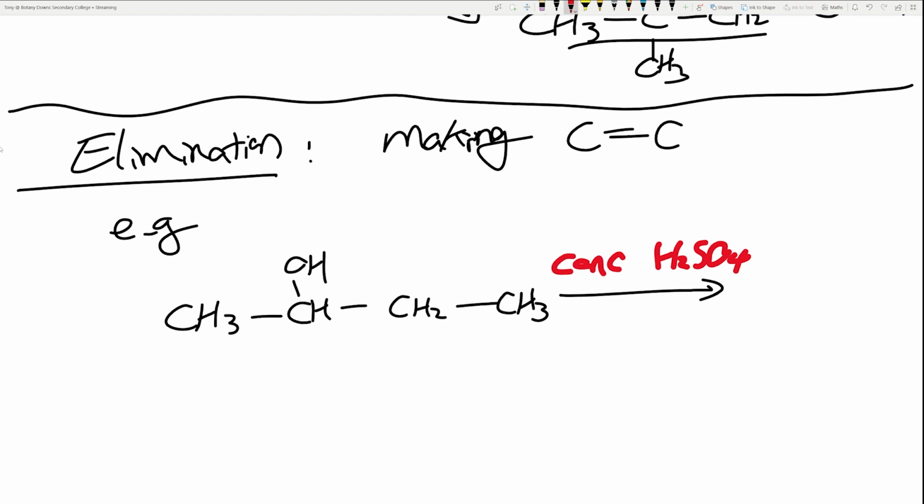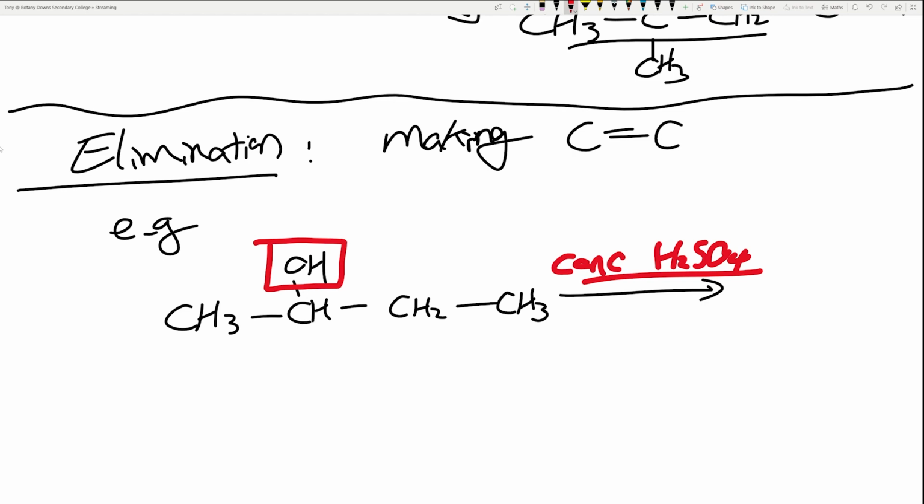Concentrated H2SO4 is known as a dehydrating agent, and what it does is remove water from the molecule. Let's think about elimination again. An elimination reaction creates a CC double bond. Remember that this functional group has to go. Non-negotiable, because that's what functional groups do. That's where the chemical reaction takes place.